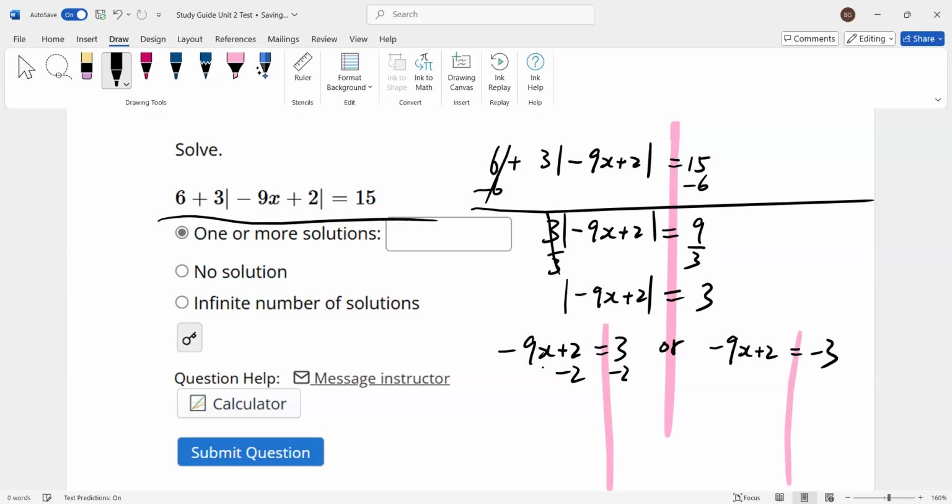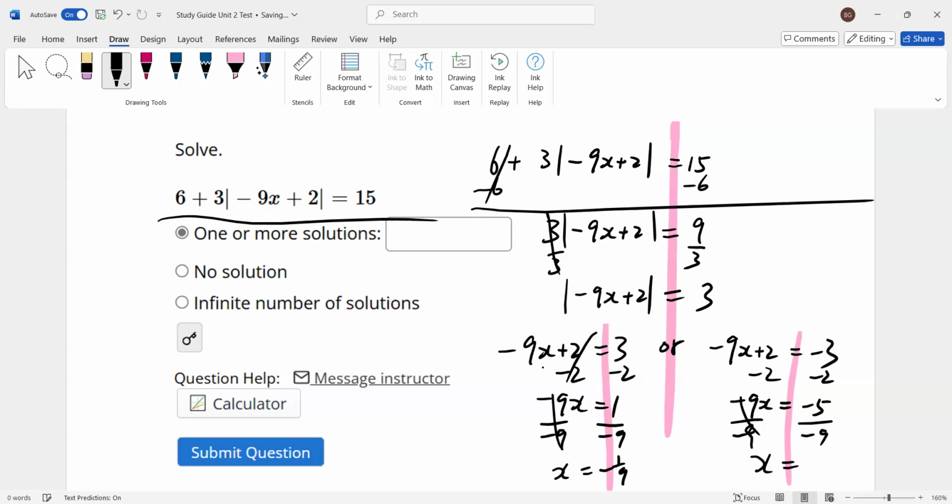Minus 2, we have negative 9x equals 1; dividing by negative 9, x equals negative 1 over 9. And here, minus 2, we have negative 9x equals negative 5; dividing by negative 9, x equals positive 5 over 9. So the two solutions we have are negative 1 over 9, comma, 5 over 9.